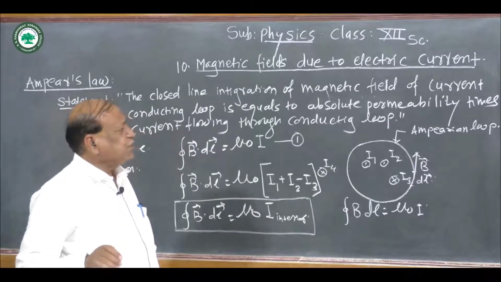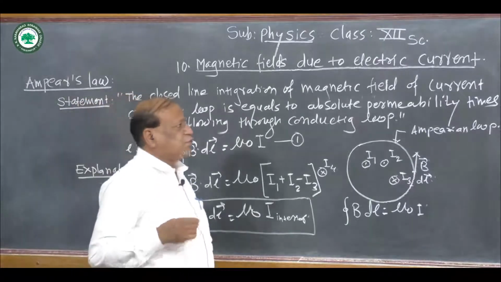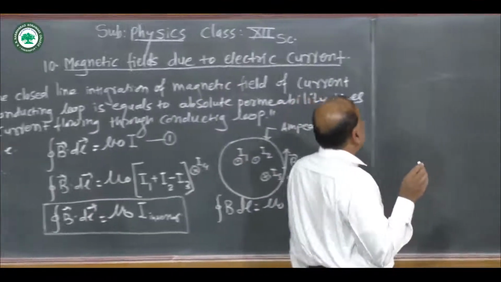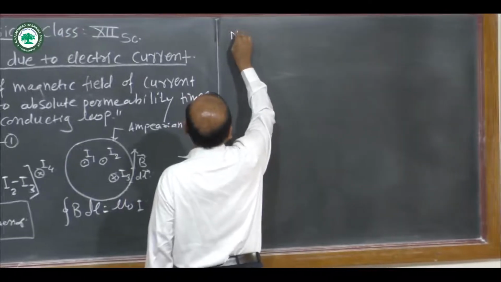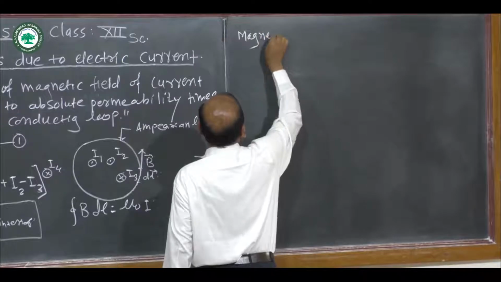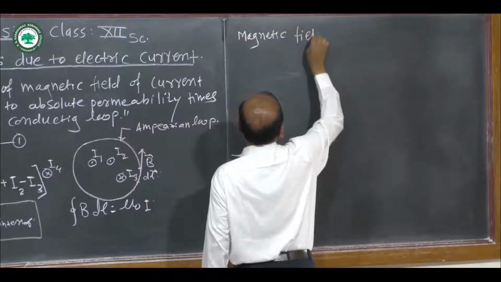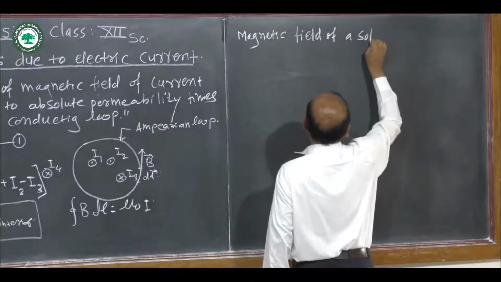Now we have to see the next article concerned with this Ampere's law, that is to find the magnetic field, applications of this Ampere's law, magnetic field of a solenoid.